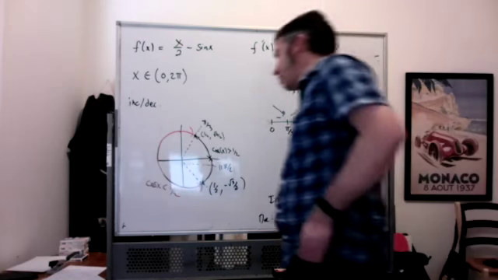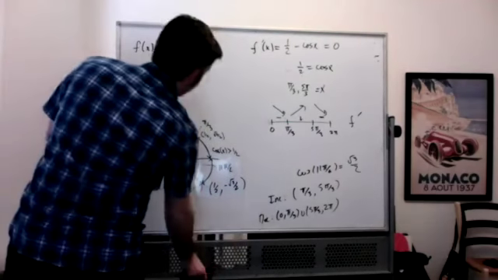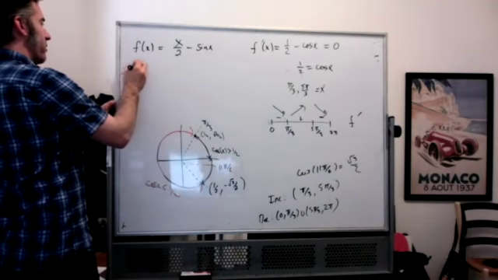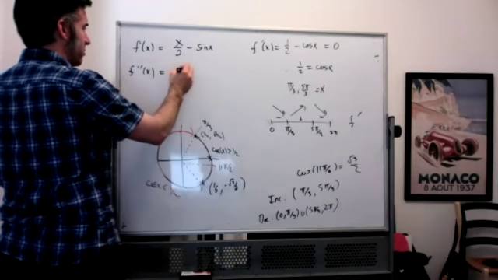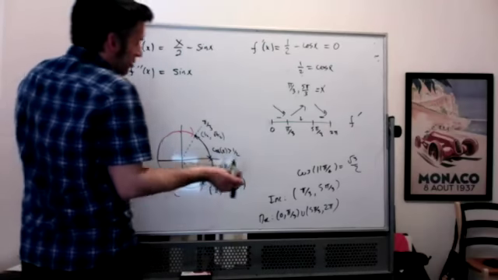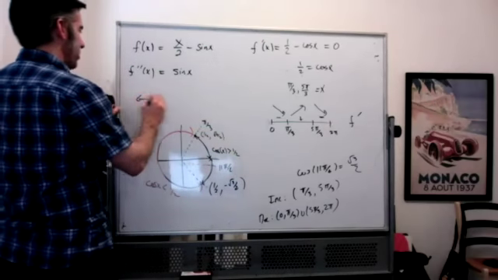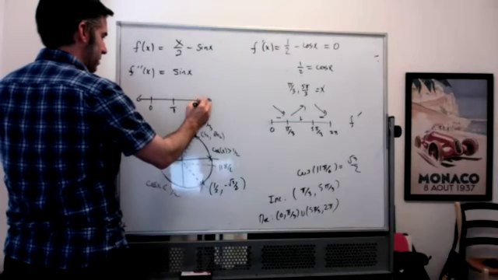We could talk about concavity, although it's not particularly interesting here. The second derivative is just, well, the derivative of cosine is positive sine. And so the critical points are 0 and pi, and 2 pi, I guess, right? So pi, and then 0 and 2 pi are the ends.